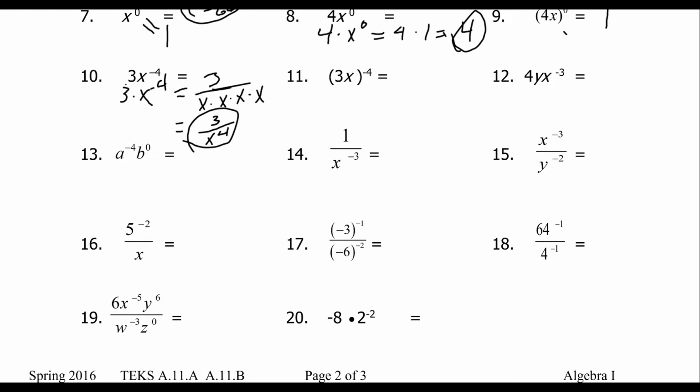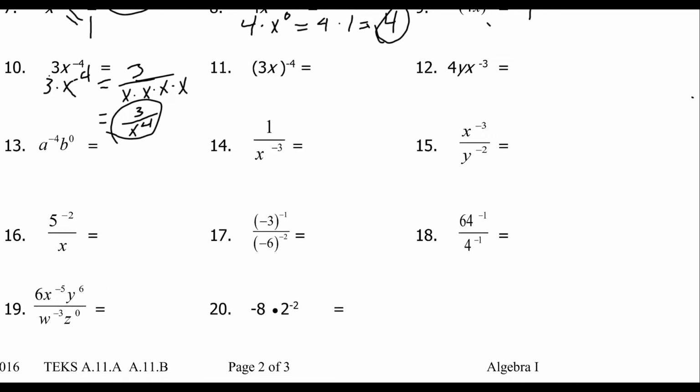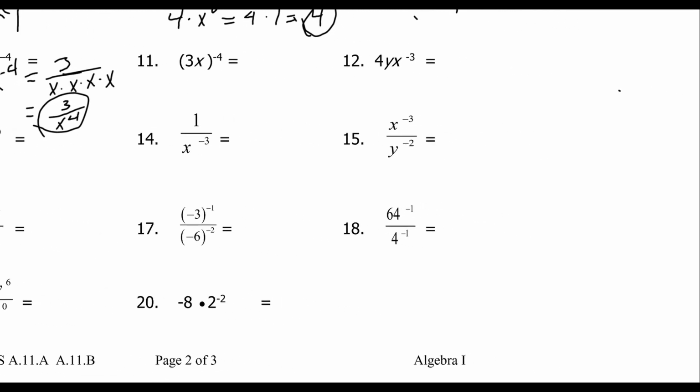Alright, now, moving along here. We got number 11. With number 11, we have 3x raised to the negative fourth. So what we got to look at is we're going to have to put this whole thing under 1 now. So 1 over 3x to the fourth.